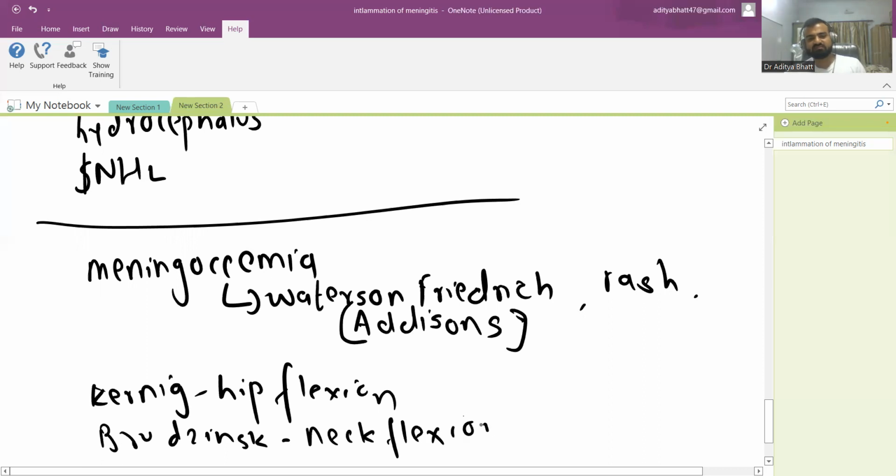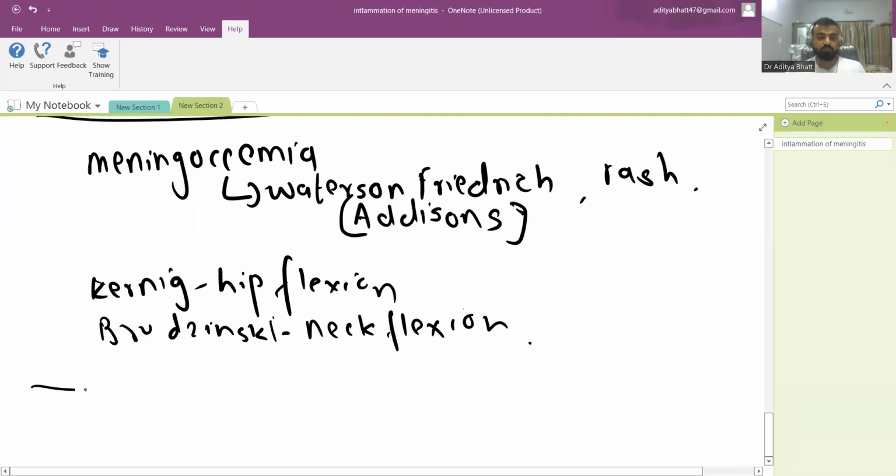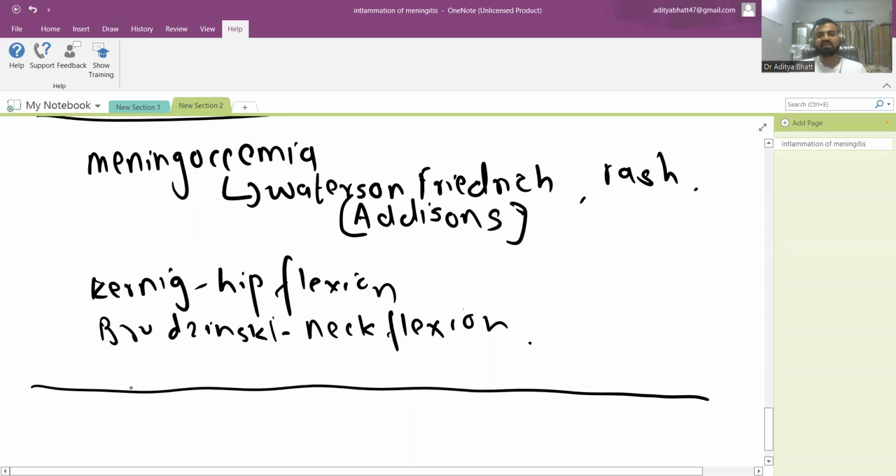In Kernig, there is passive flexion of the hip with pain on extending the knee, and in Brudzinski, you actively flex the neck, which causes passive flexion of the hip. So you have to keep that in mind. Now, lumbar puncture is the most important avenue for diagnosis in patients of meningitis. So what are the contraindications to lumbar puncture? The absolute contraindication is local site infection.